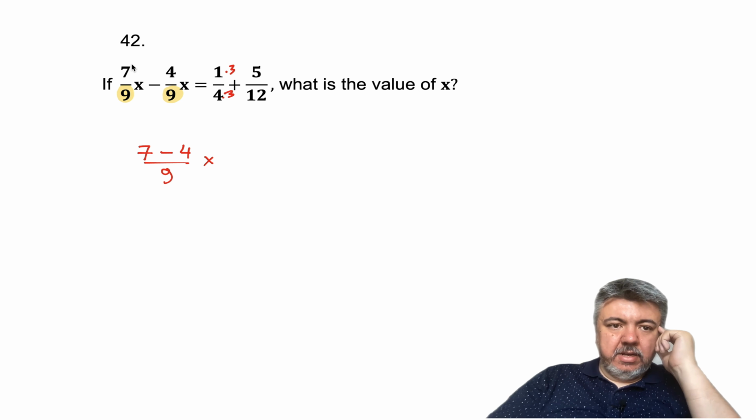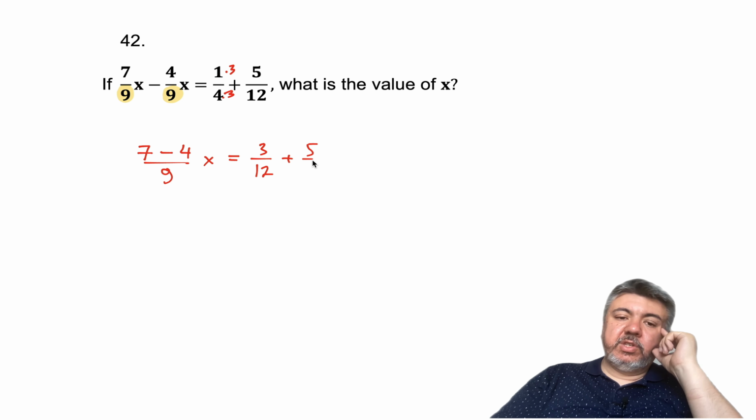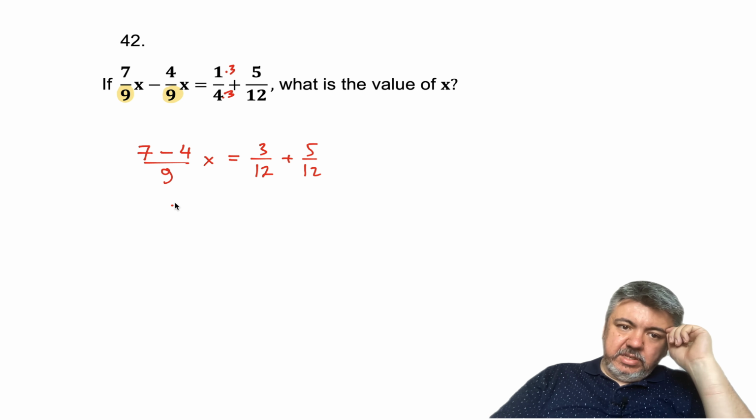How do you do that? 7 over 9, 4 over 9x. Okay. Equals 3 over 12 plus 5 over 12. This is 3x divided by 9. 8 over 12.